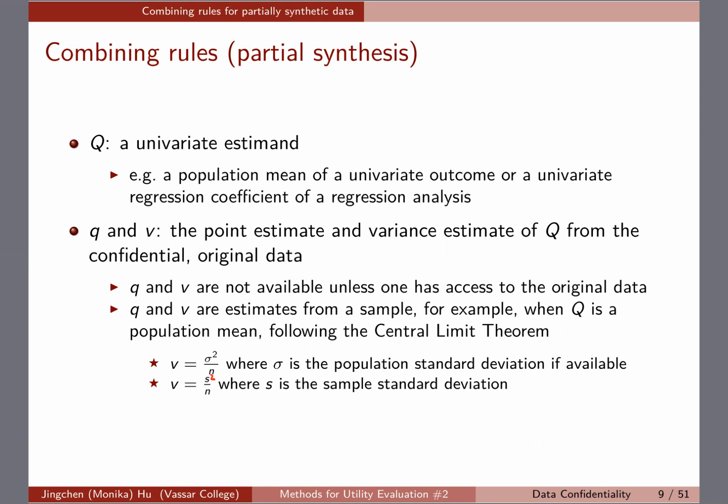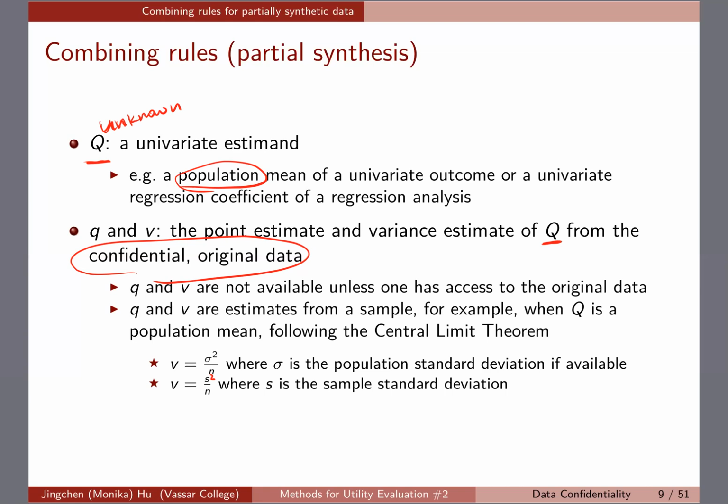It's easy to get a little bit confused about what Q and V are. Remember the original confidential data is a sample, and Q is the population mean, which is unknown. In an intro stat or AP stat course that you took before, you probably know, and hopefully remember, that when you're working with a sample and trying to get a point estimate and variance estimate of the population parameter of interest, what do we do?